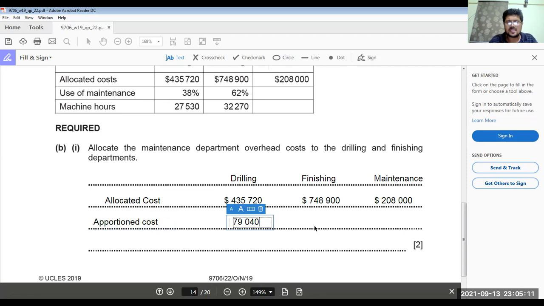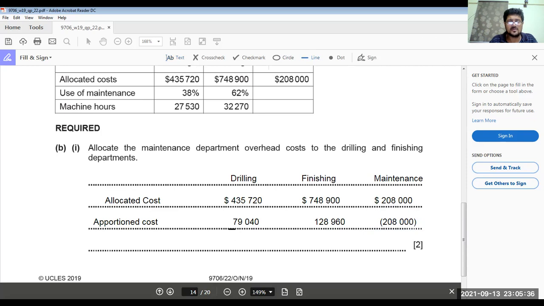What about this? 208,000 multiplied by 62%. 128,960. And maintenance cost is finished. Done.